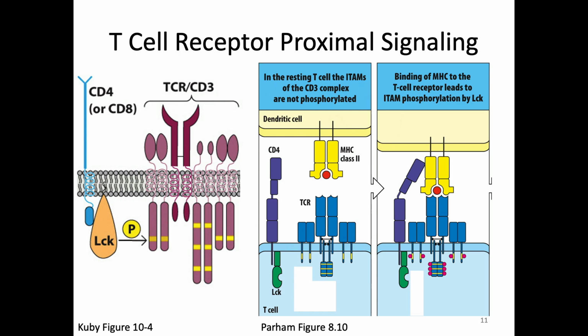And you can imagine that you have now made a new binding site that wasn't there before. So phosphorylated ITAM is like a new binding site. Something new can bind here that could not bind when the ITAM was not phosphorylated. So you suddenly made new binding sites that did not exist previously.